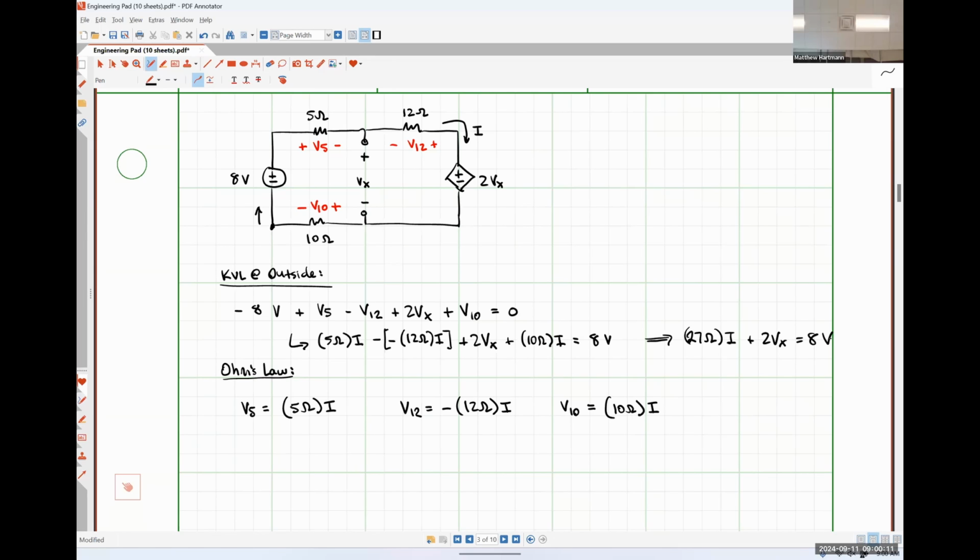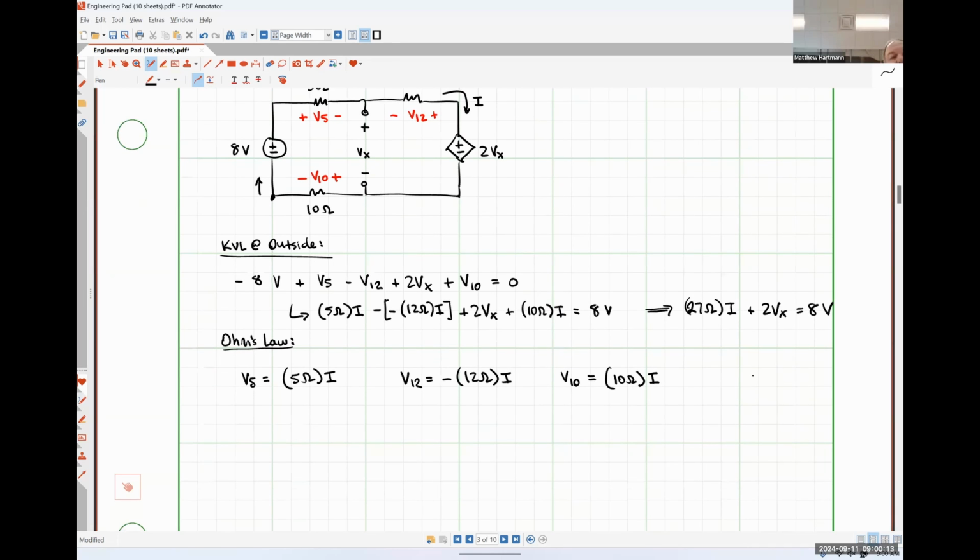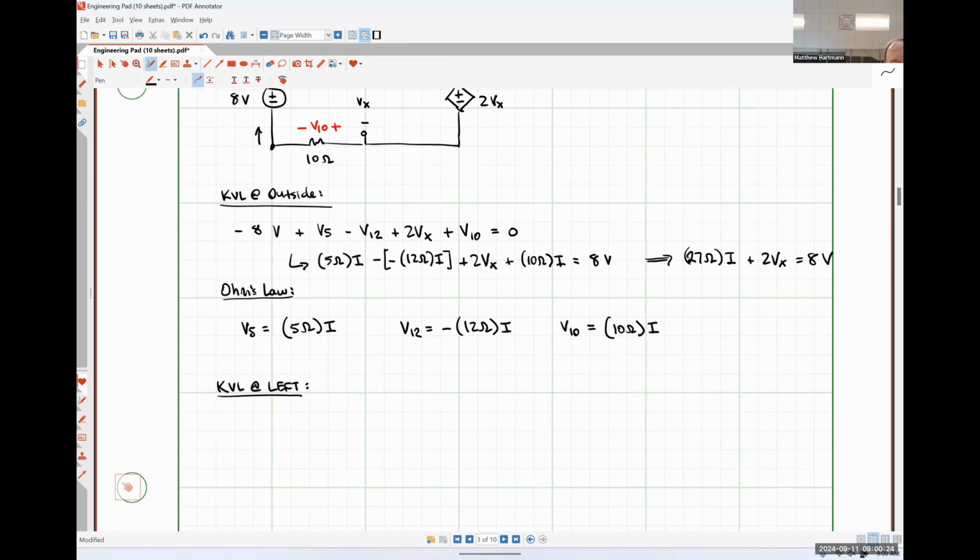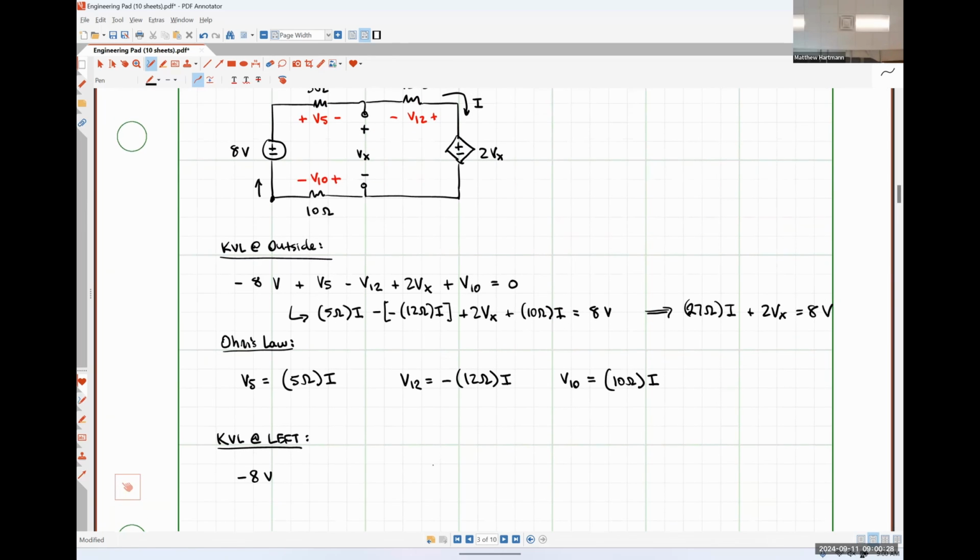Okay, so let's see. Okay, so KVL for the left. We would have negative 8 volts, and then we'd have plus V5, but I can go ahead and substitute in for V5.